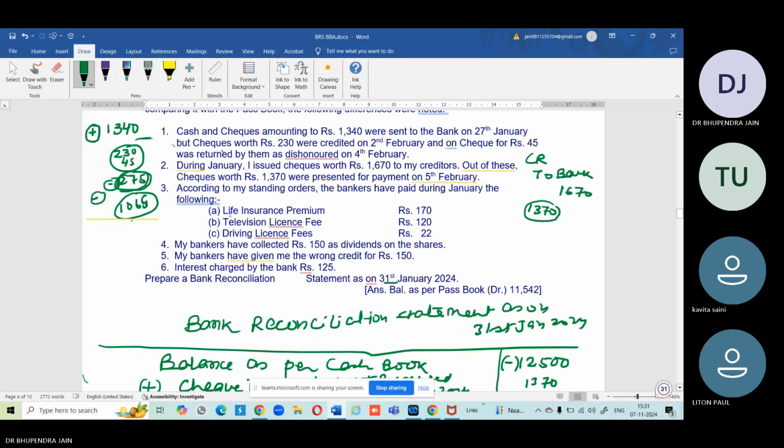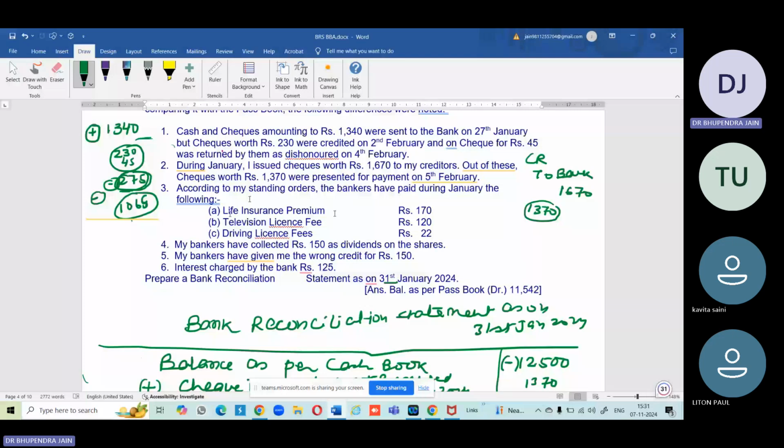Next entry. According to my standing order and standing instruction, the banker has paid the following. The bank has paid 170 rupees of life insurance premium, 120 rupees of television license fee, and 22 rupees of driving license fee.